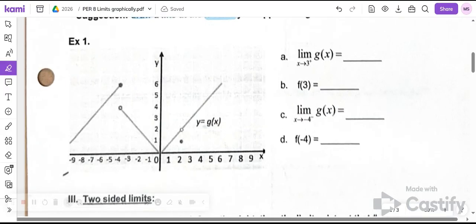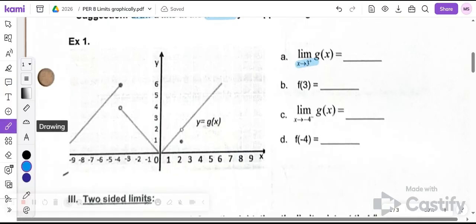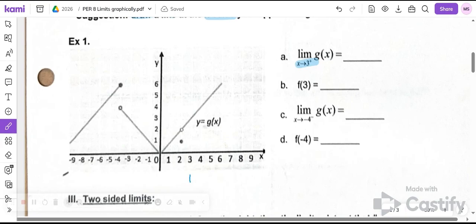It says, what's the limit as x approaches 3, but it has the little plus, right? So let's go to the number 3, and I want you guys to draw a vertical line at 3. Ask yourself the question, where is my graph at 3? Right here.